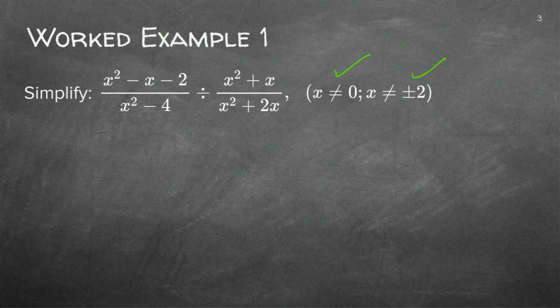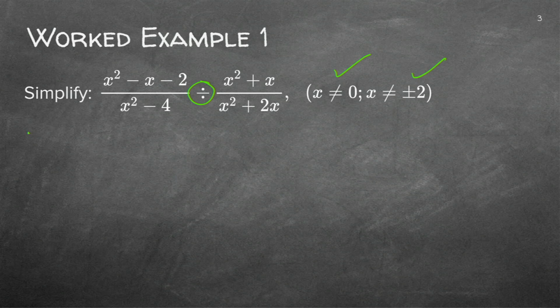The first thing that you need to do is try to factorize every value that you see. Another thing that we note is that we have that division sign there. If you find yourself with a division sign, it means you need to invert and multiply. So now let's change things.